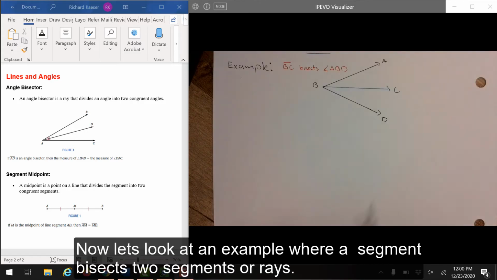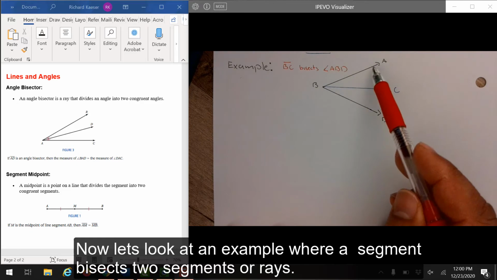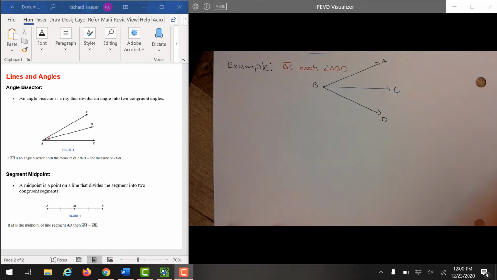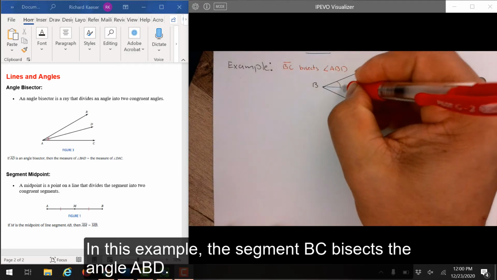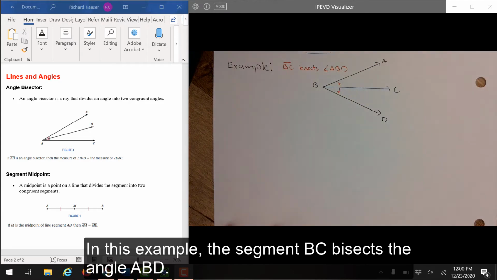Now let's look at an example where a segment bisects two segments or rays. In this example, the segment BC bisects the angle ABD.